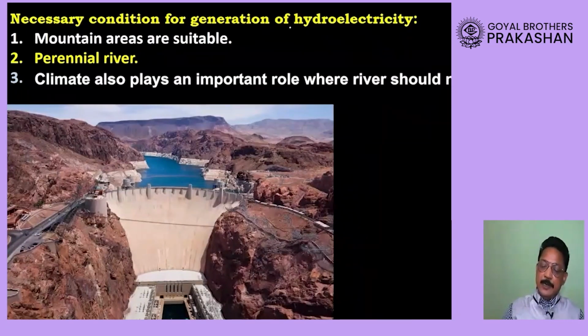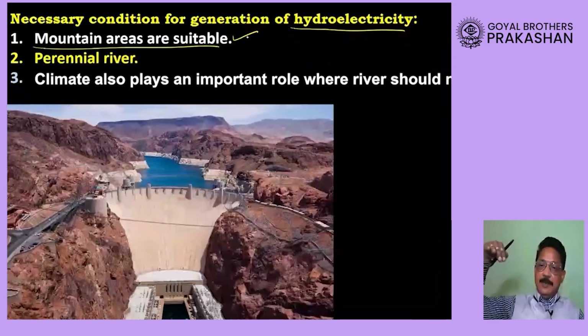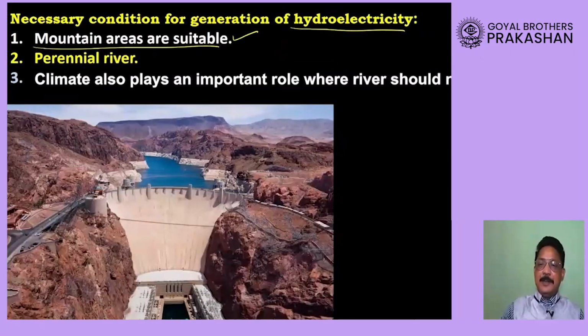Now, there are few important things to be remembered, dear students. In order to produce this hydroelectricity, you need a dam. So generally, mountain areas are suitable, from where water will flow with a lot of speed and more electricity can be produced. Second, you require a perennial river which will keep on supplying water throughout the year.